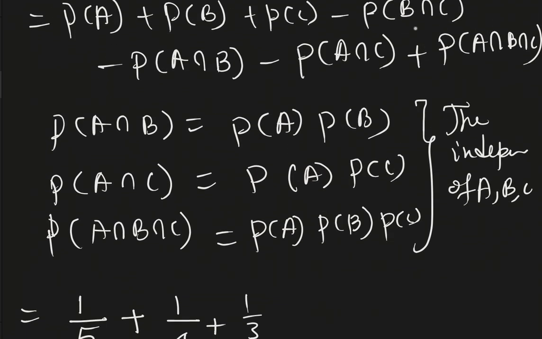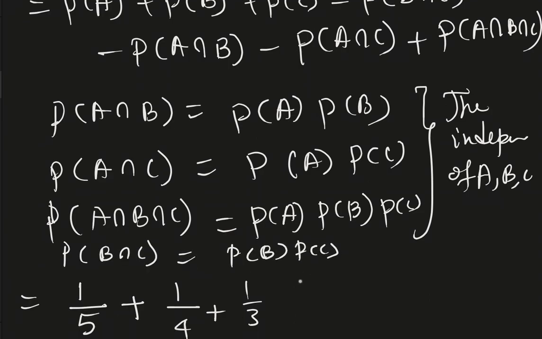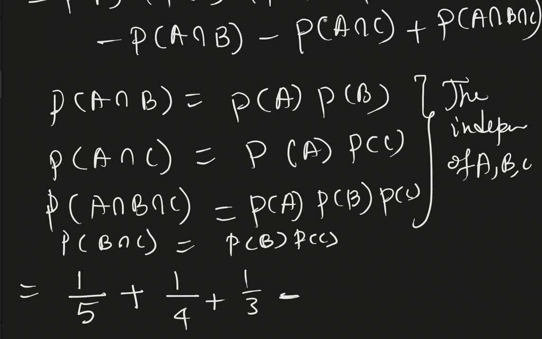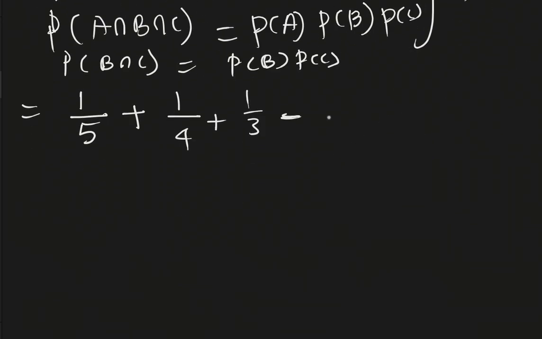Then minus P(B intersection C), and here similarly, P(B intersection C) will be P(B) into P(C), so 1 by 4 into 1 by 3.